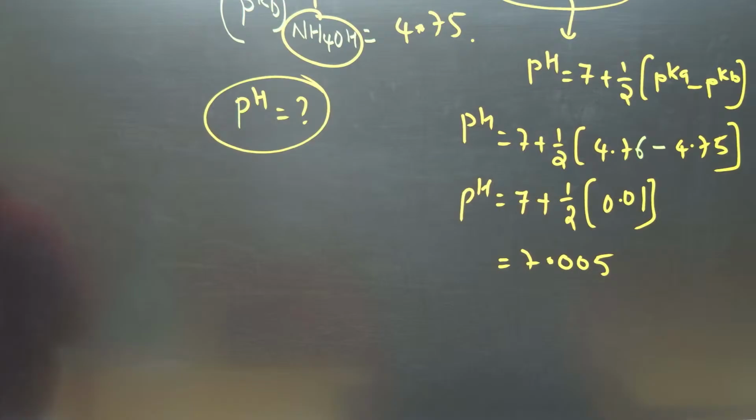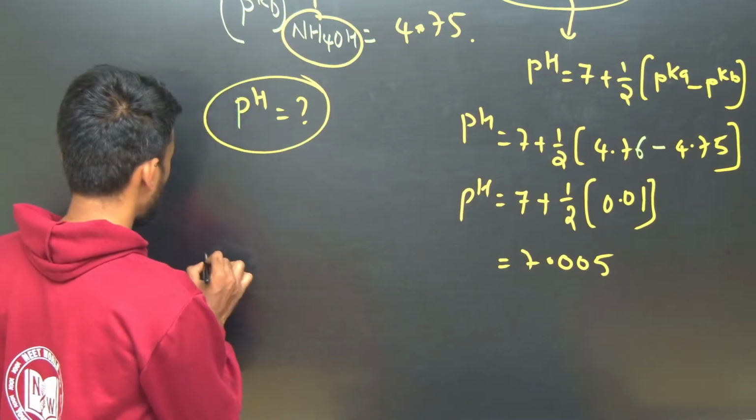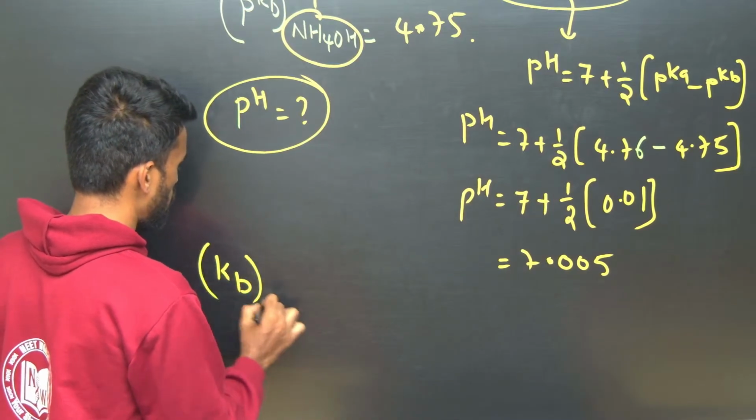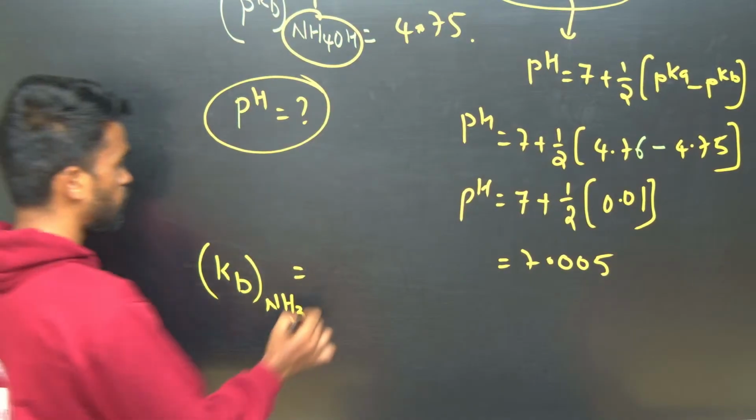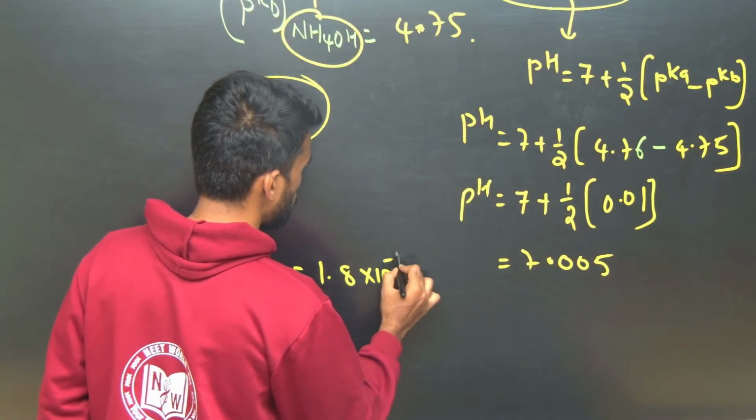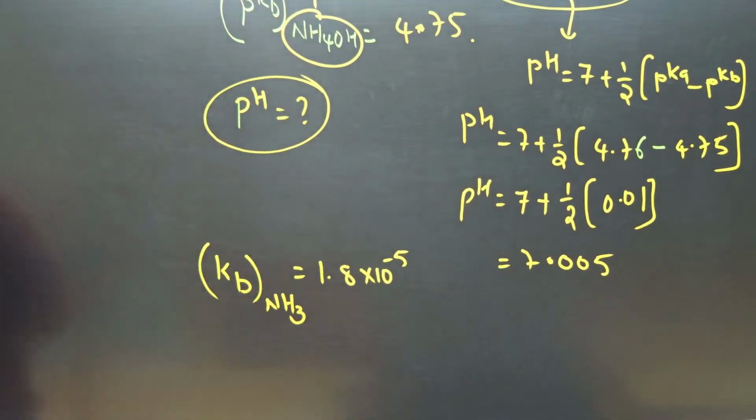Calculate pH of 0.1 molar ammonium chloride solution, given Kb of ammonia as 1.8 into 10 power minus 5. That's it.